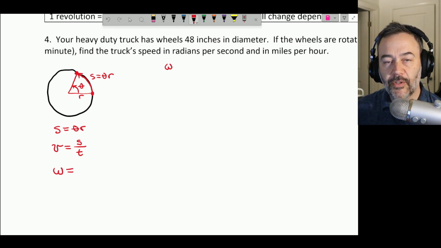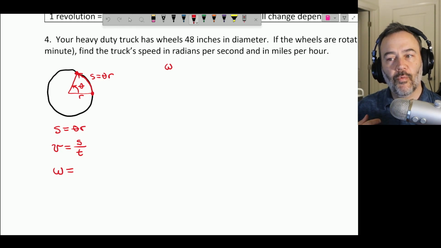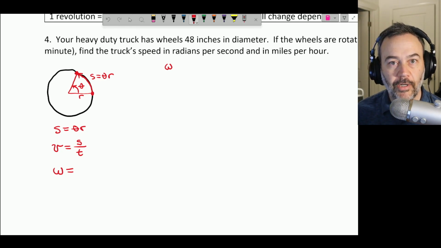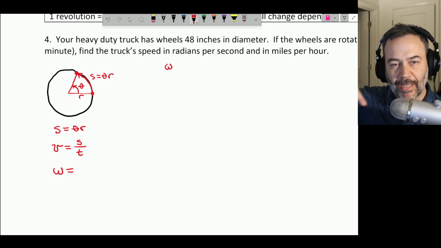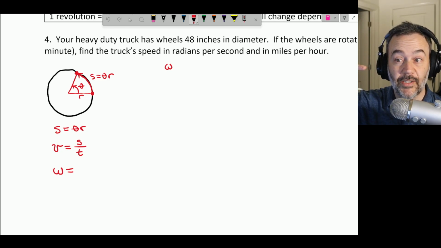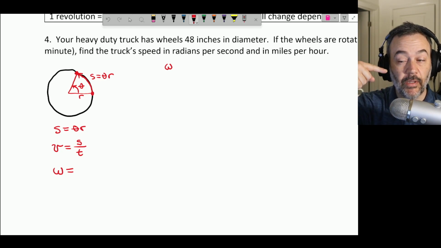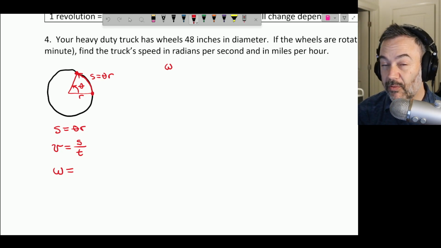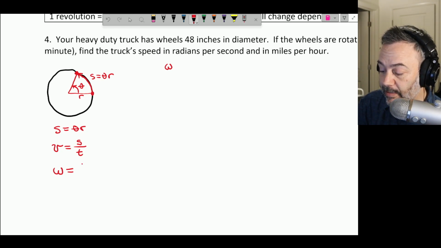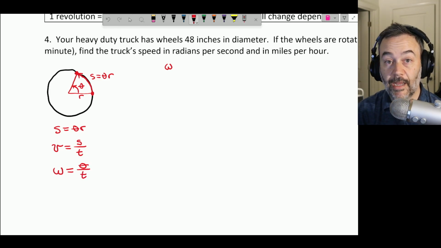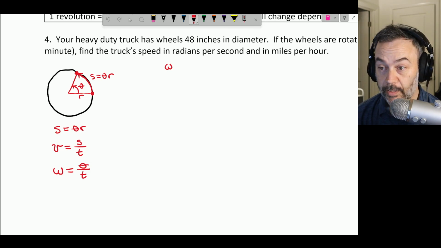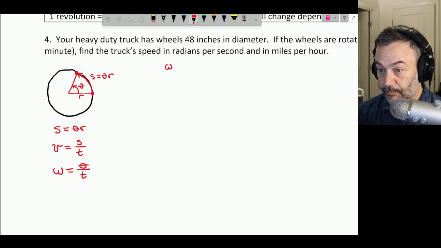And angular speed is the rate at which the wheel is turning. If a wheel is turning faster, then that means it's spinning through more radians per unit time. If it's rotating very slowly, it's rotating less units per unit time. So angular speed is the angle per unit time, whatever the unit is in your problem.